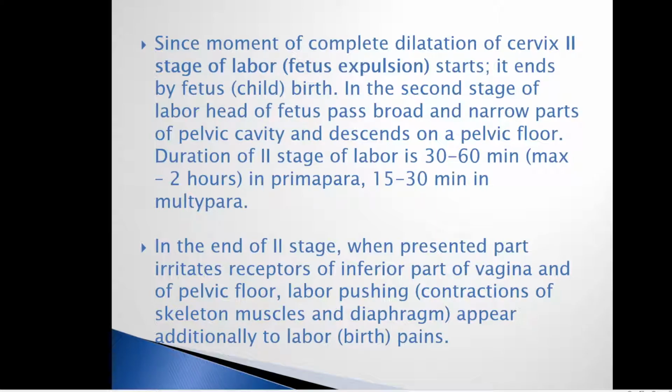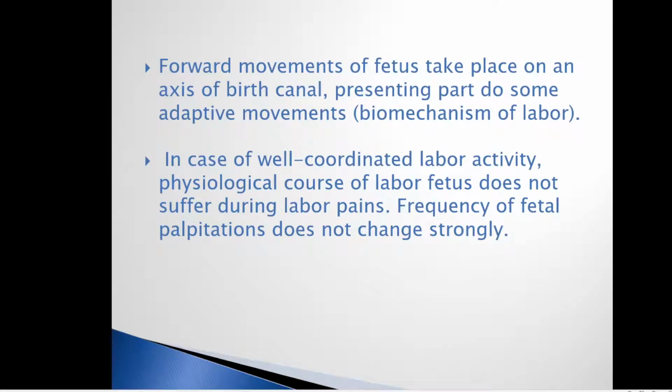In the second stage of labor, when the presenting part irritates receptors of the inferior part of the vagina and pelvic floor, labor pushing, or contraction of skeletal muscles and diaphragm, appears in addition to labor pains. Look, there is uterine contraction and contraction of anterior abdominal muscles.